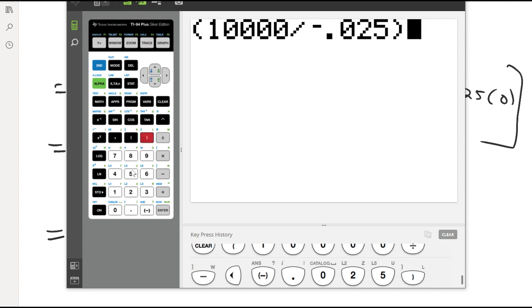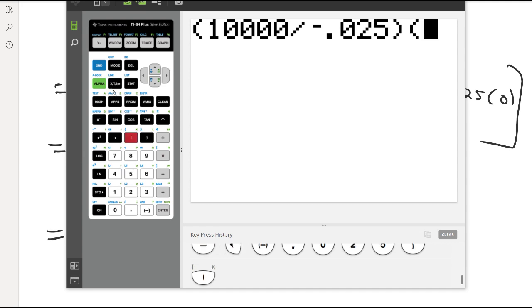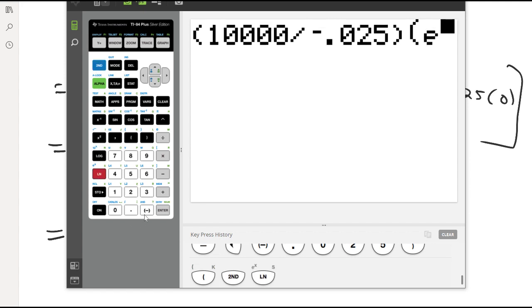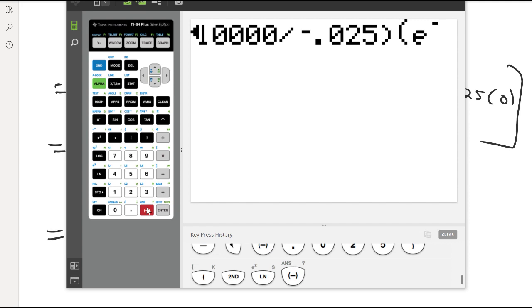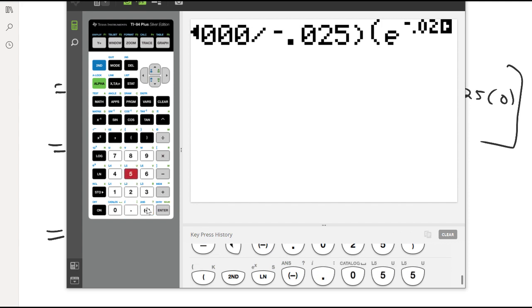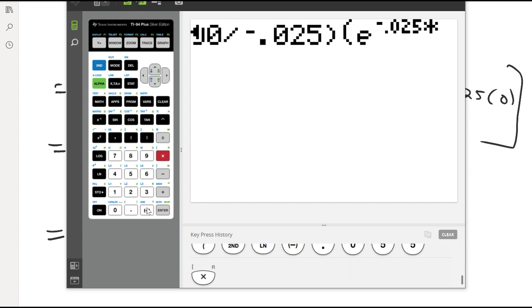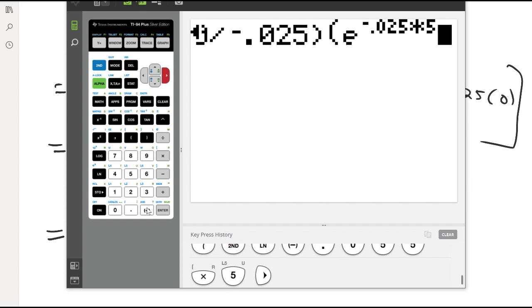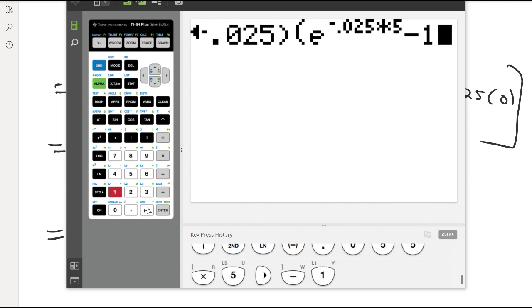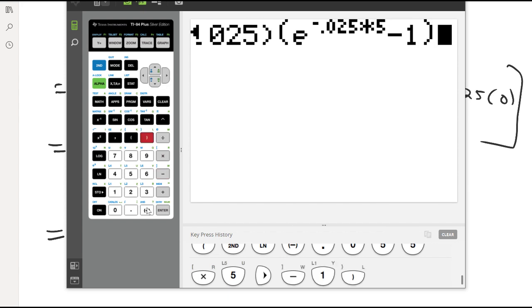Okay, and then open up another set of parentheses, and it was e to the negative 0.025 times 5, minus 1. Make sure your negative's at the bottom of the calculator. Close that up, hit enter.